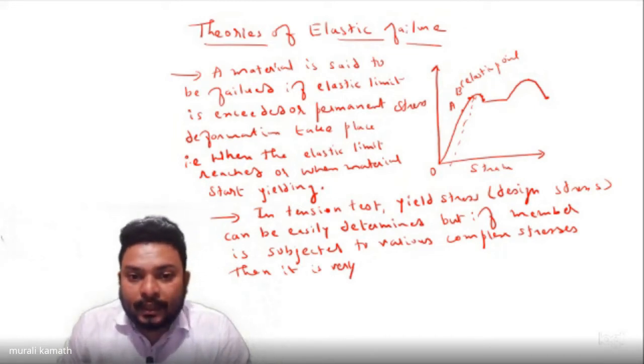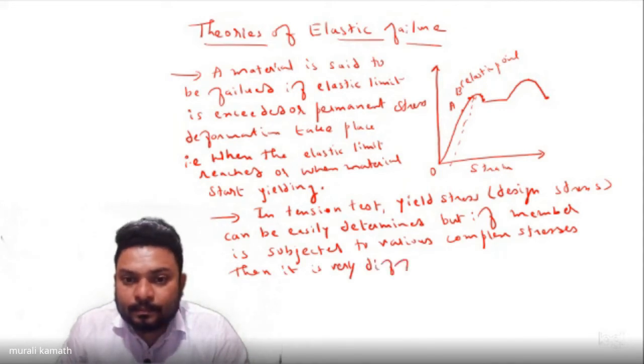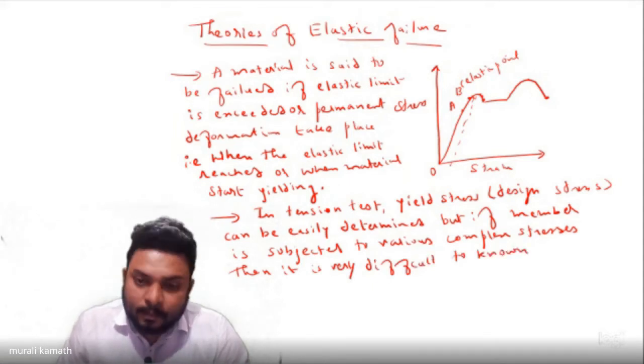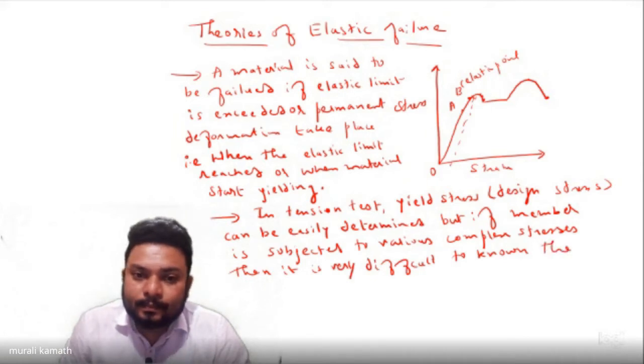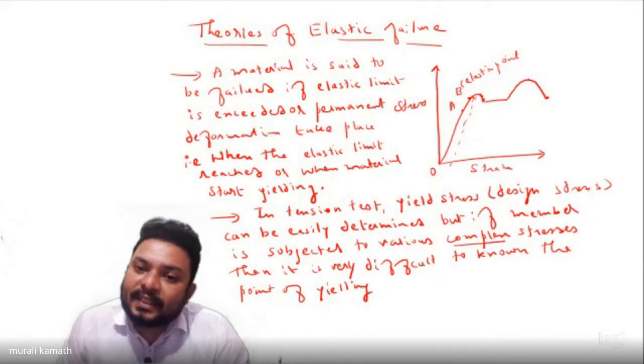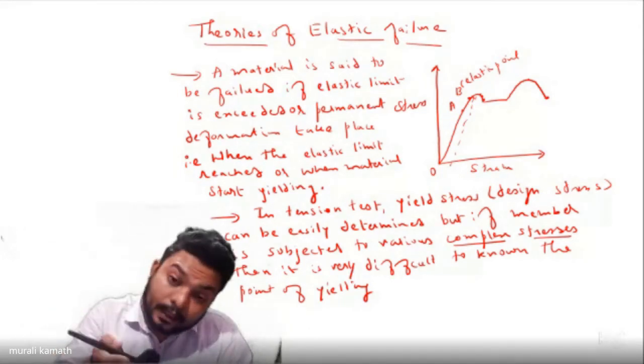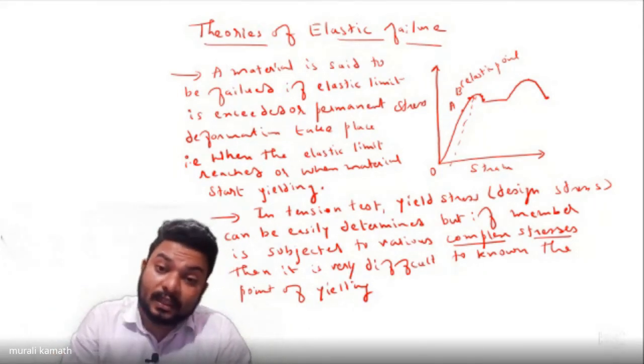Then it is very difficult to know the point of yielding when complex stresses are applied at the same time, like bending, then normal direct stresses and bending stresses.